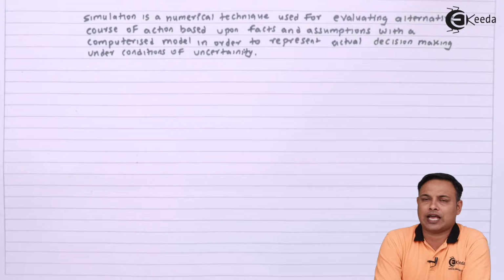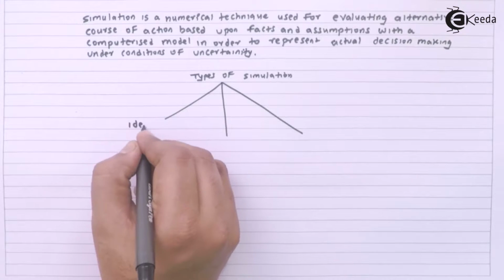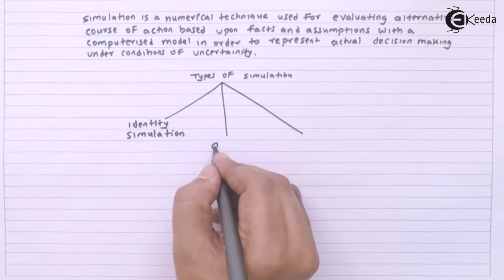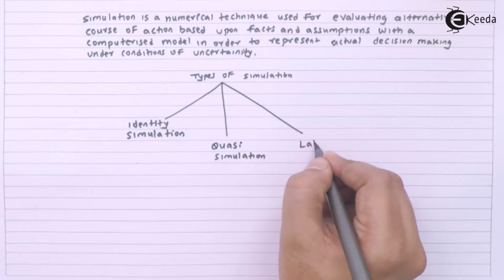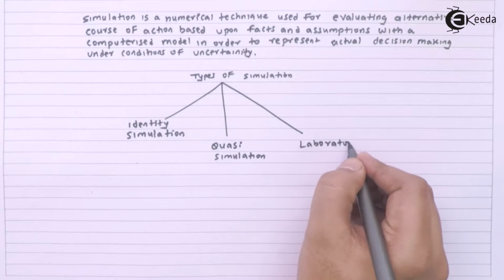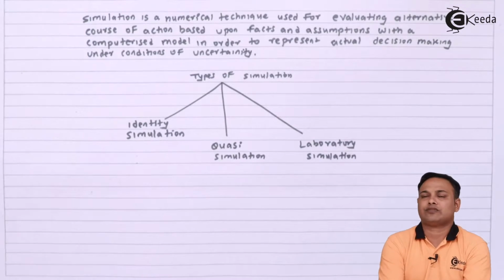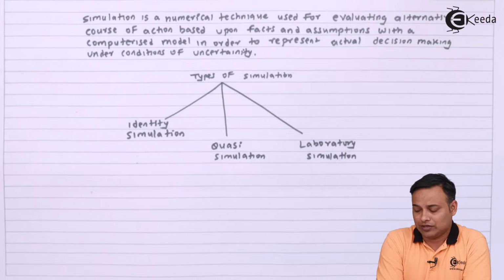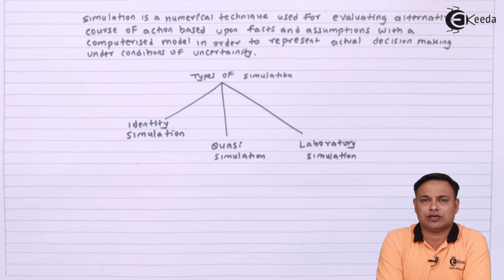Now, what are the different types of simulation? We've got three types of simulation. Now the first type of simulation that I can discuss is called identity simulation, where you try to simulate the whole system.